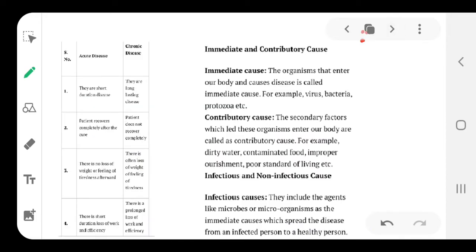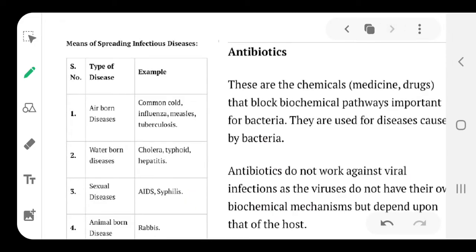Okay? And then we can see the various causes that we have told you about: immediate causes, contributory causes, infectious causes. These are the various terms where they act as contributory causes when the disease is affected, which we have already told you in the respective tutorial.